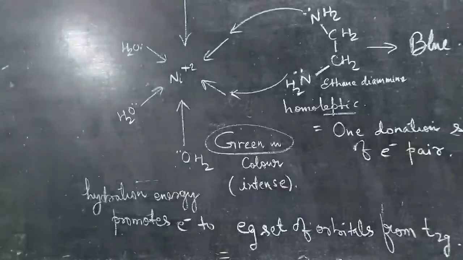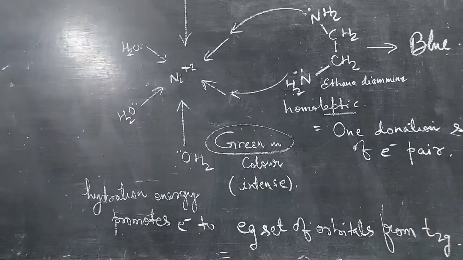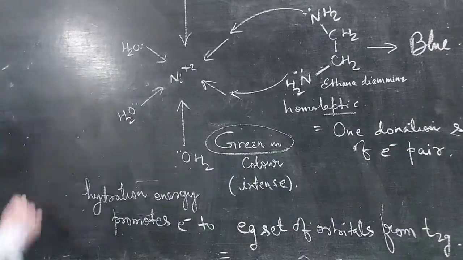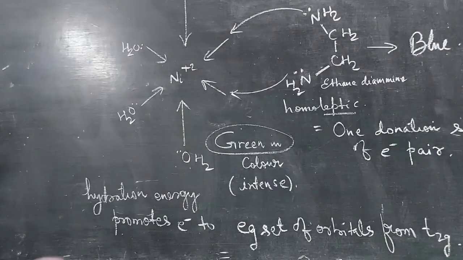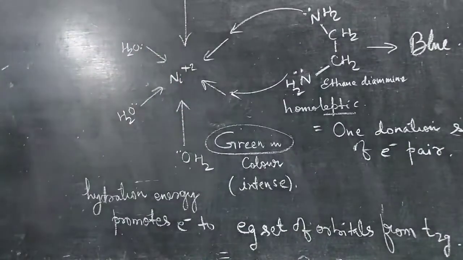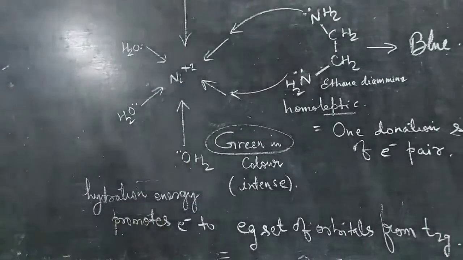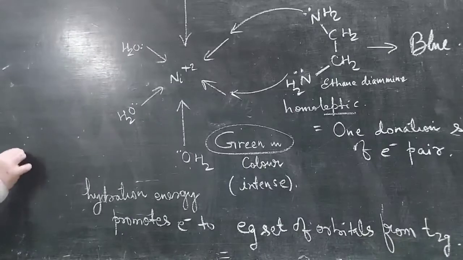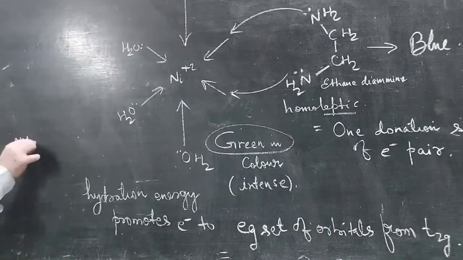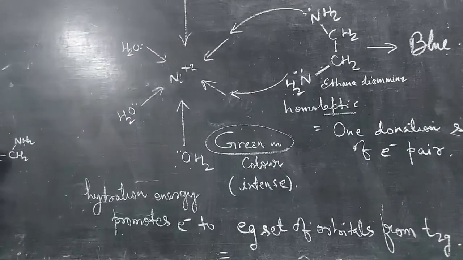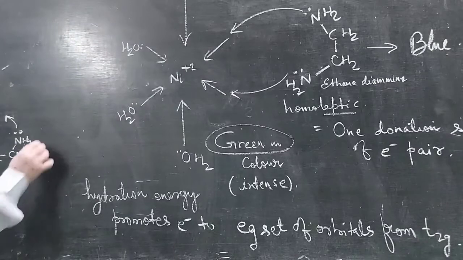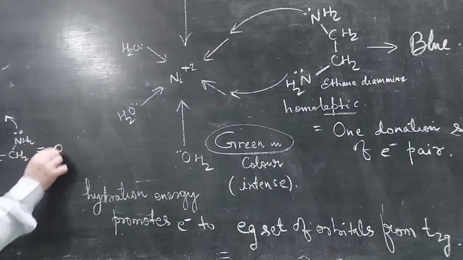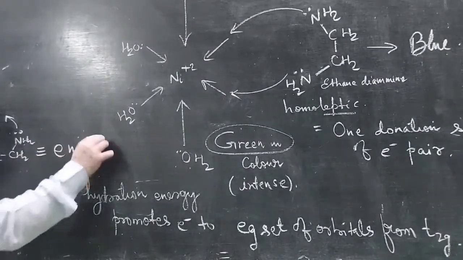Keep it in mind that CH2, CH2, NH2, NH2 is ethane diamine. It is a bidentate ligand. It can be written as EN in short form.